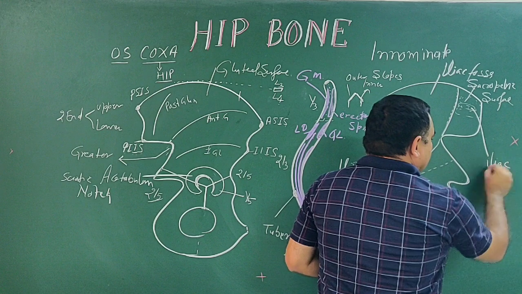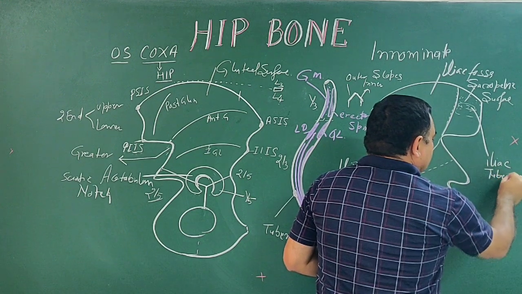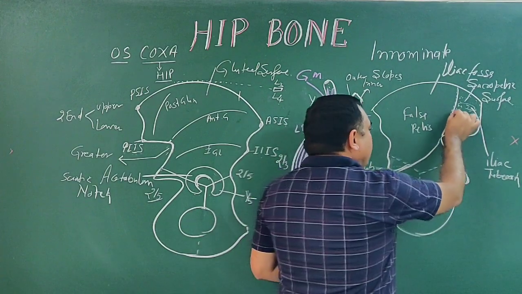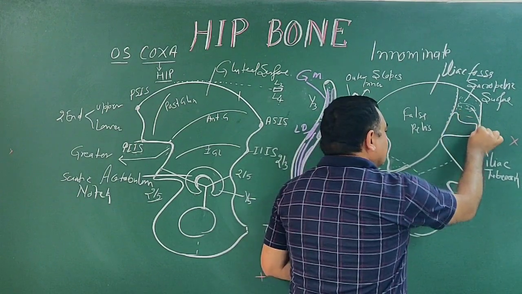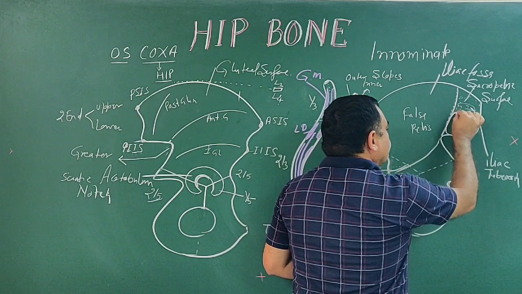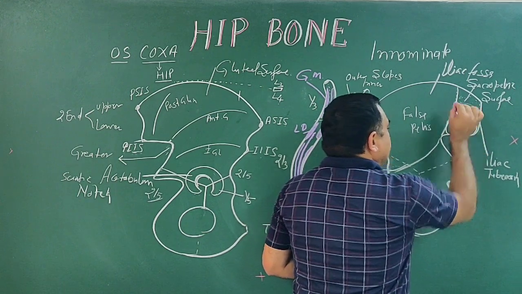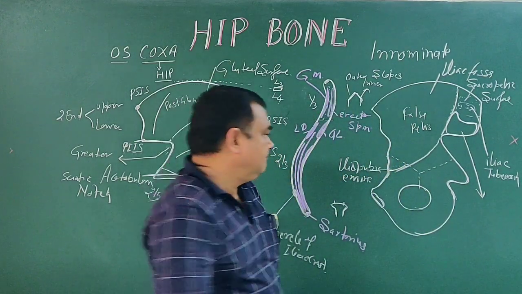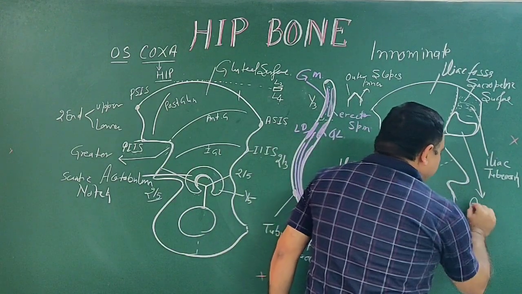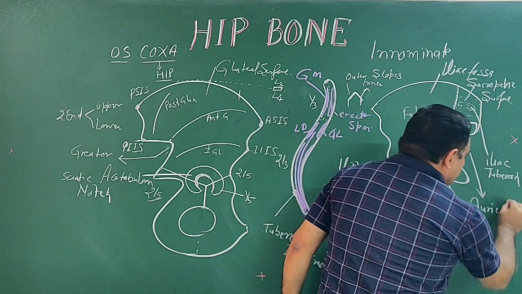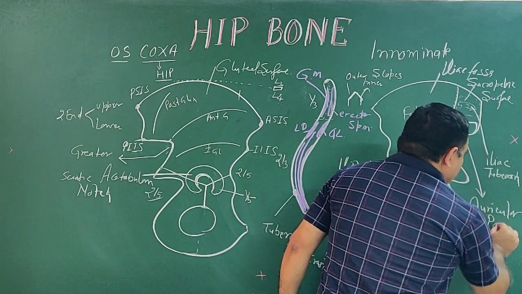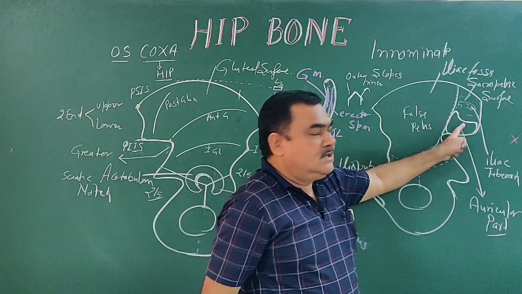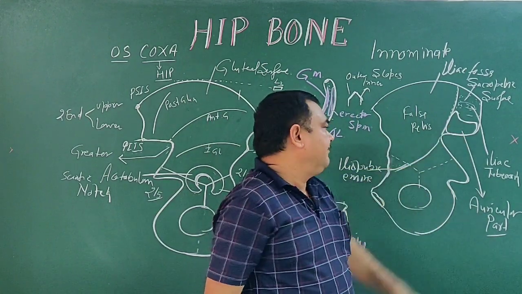In the lower part is the auricular part, which articulates with the sacrum.